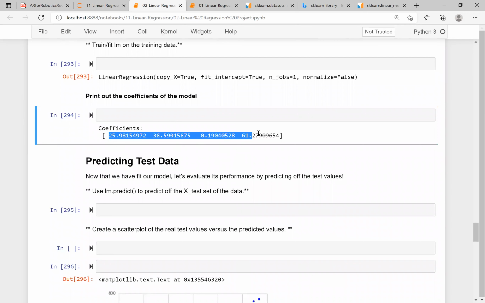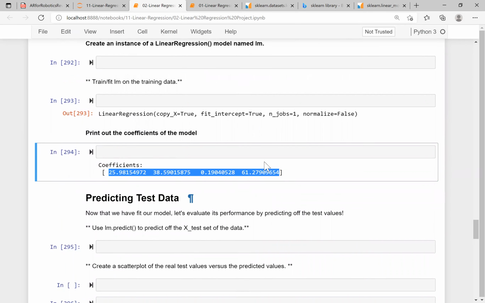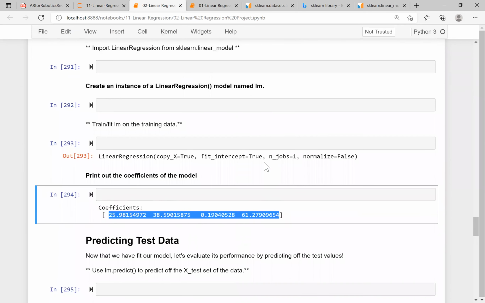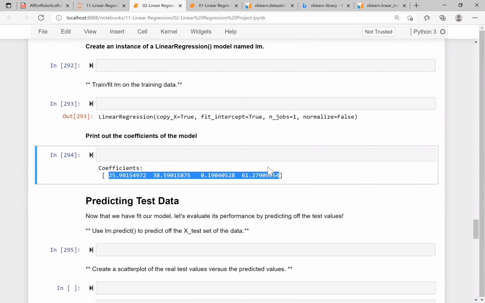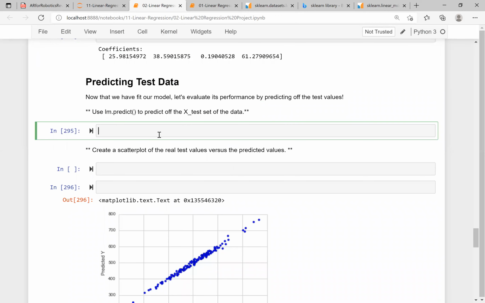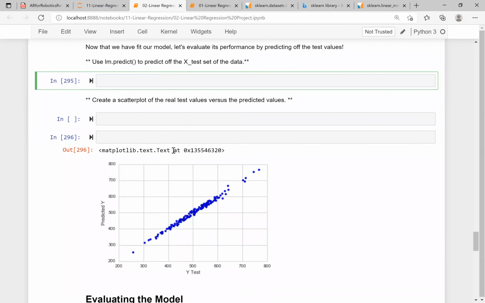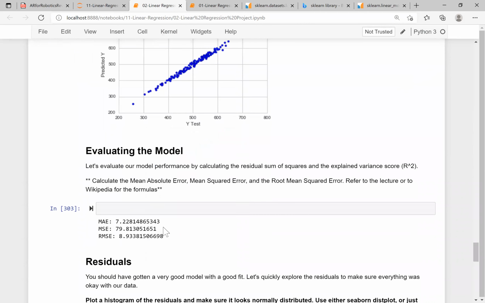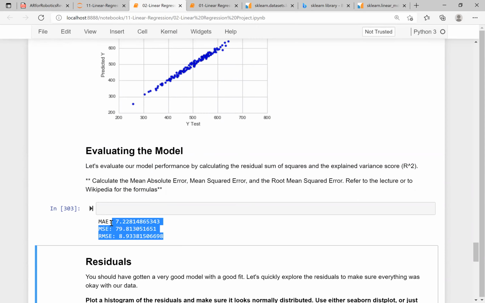You may get a different output based on the randomization, because the 80% train and 20% test division happens randomly. It is not like the top 80% goes to training and the last 20% goes to testing. Then you will make some predictions, plot predictions against the actual values, and evaluate your model using your error metrics, right? Your error can be different from this one.